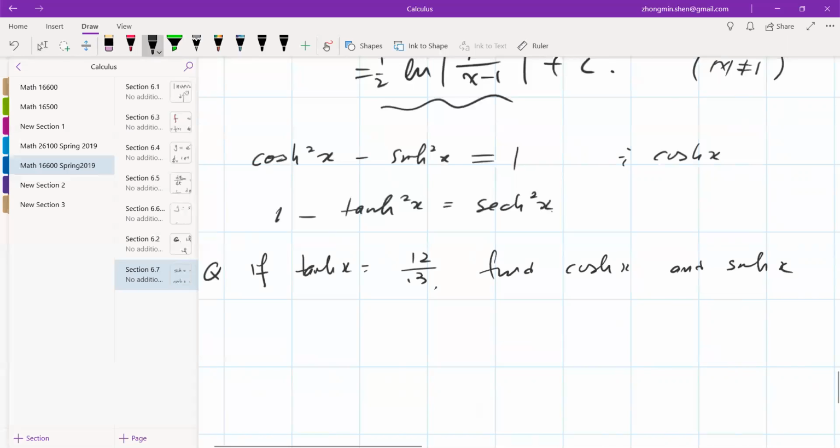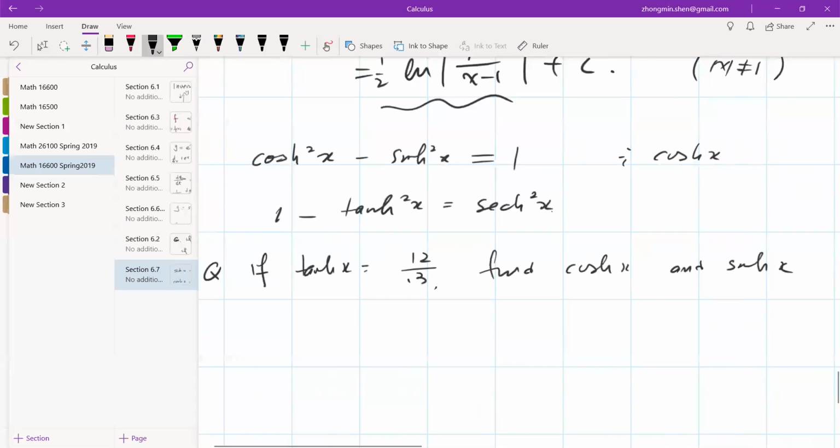Well, if you get one of them, then you can get the other, right? You can say I can even find x, right?